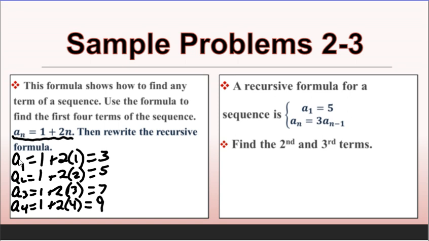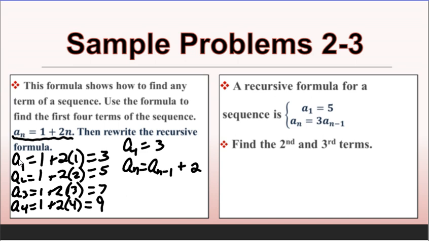Now if we rewrite the formula, our first term is 3, and our recursive formula would be a subscript n minus 1 plus something. If you look at it, we're going 3, 5, 7, 9. We're adding 2 each time, so it's going to be plus 2. So the previous term plus 2.